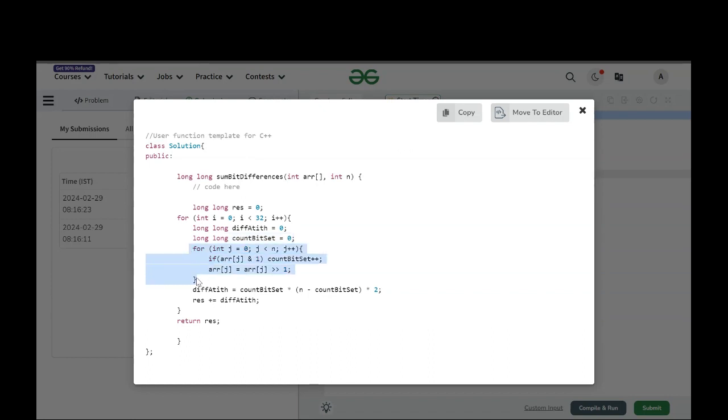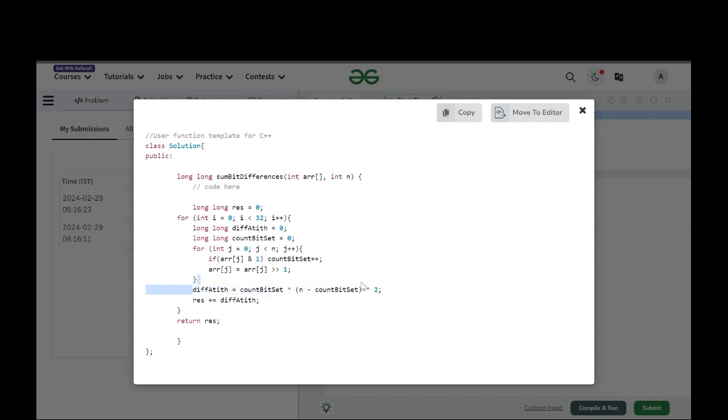After that, we are iterating through all the elements and checking if the ith bit is set. Then we increment this sum of set bits variable. This loop is used for iterating through the numbers, and this one is used for iterating through the bits.